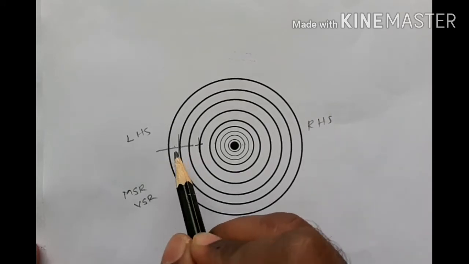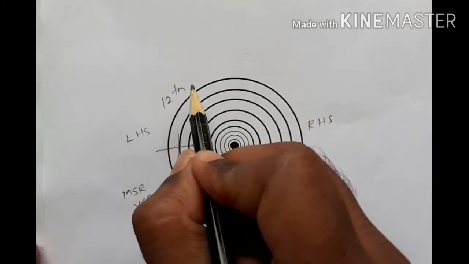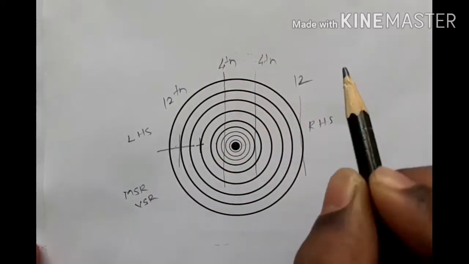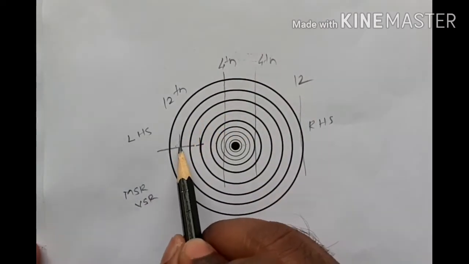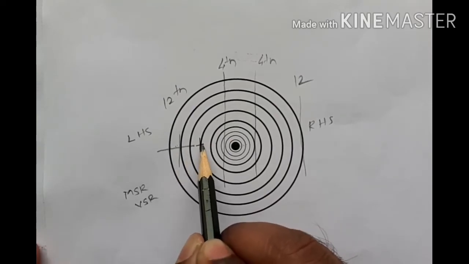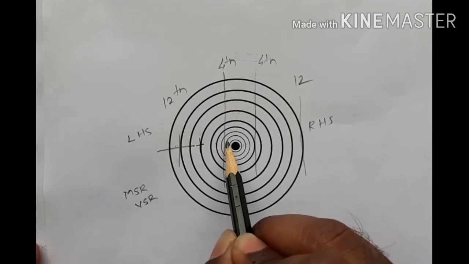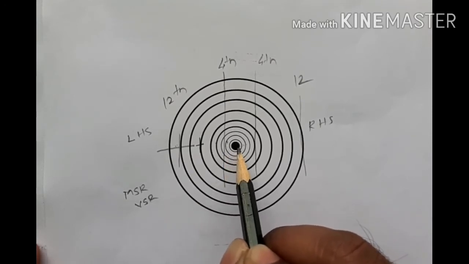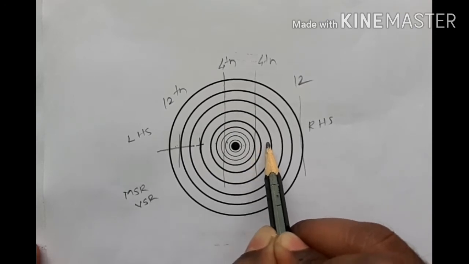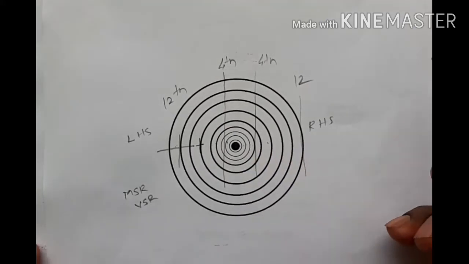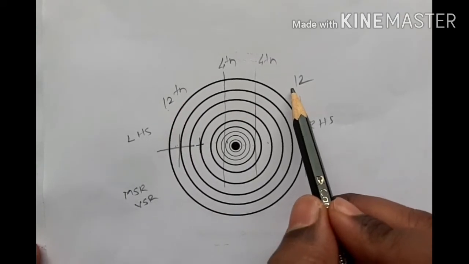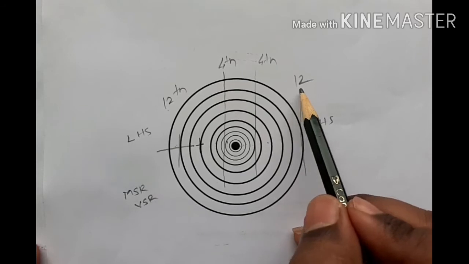We start from the 12th ring on the LHS, then the 10th ring, 8th ring, 6th ring, 4th ring. Then we move in that direction and continue with the 4th ring, 6th ring, 8th ring, 10th ring, up to the 12th ring on the right hand side, taking all the readings.